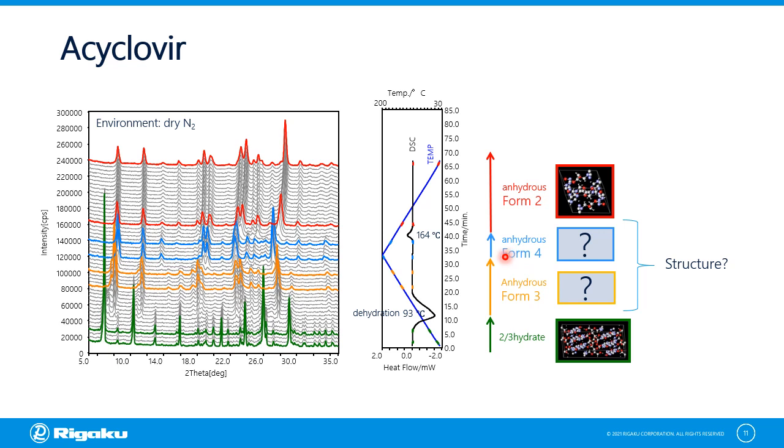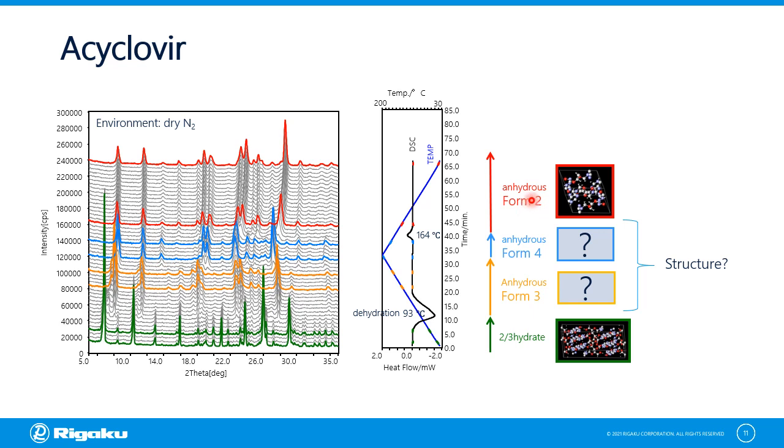When temperature was decreased, it became anhydrous form 2, which is in red. The DSC profile showed two peaks for the phase transitions from 2/3 hydrate to form 3 and from form 4 to form 2.